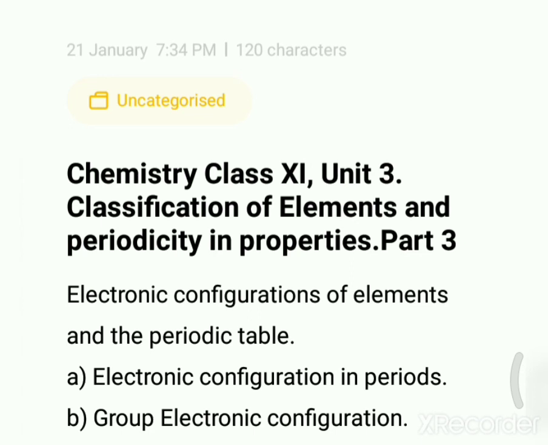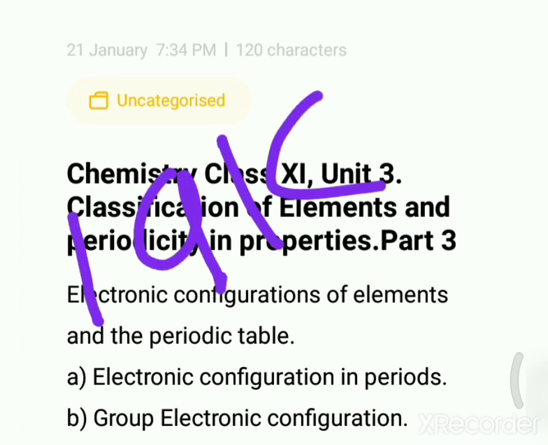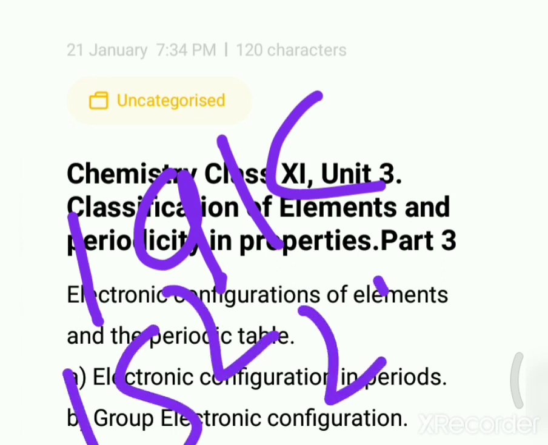Next atomic number is 19, that is potassium. You can write the electronic configuration as 1s2 2s2 2p6 3s2 3p6 4s1.